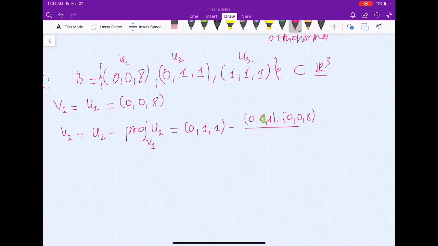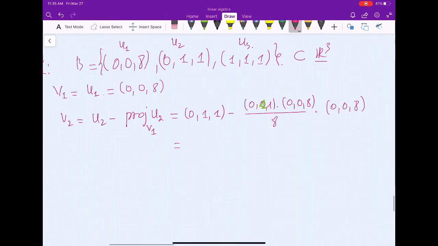And then divide by the norm squared of u1, which is 8, times (0, 0, 8). So I get (0, 1, 1) minus 8 over 8 times (0, 0, 8), which is (0, 1, -7).